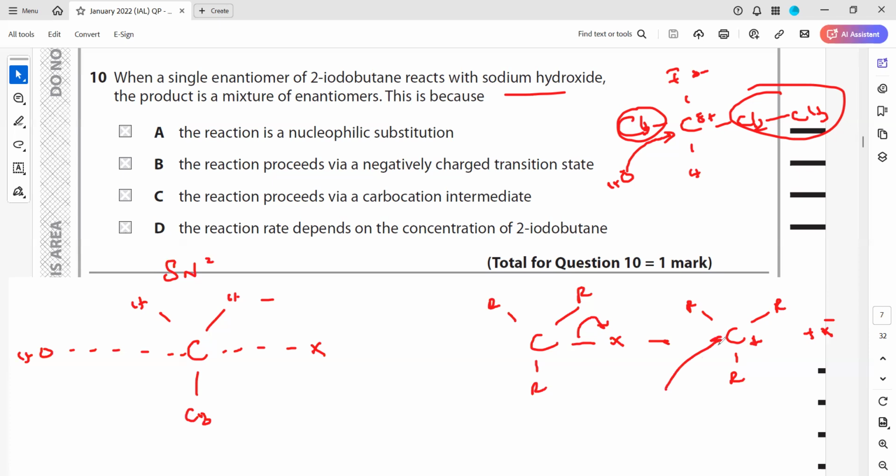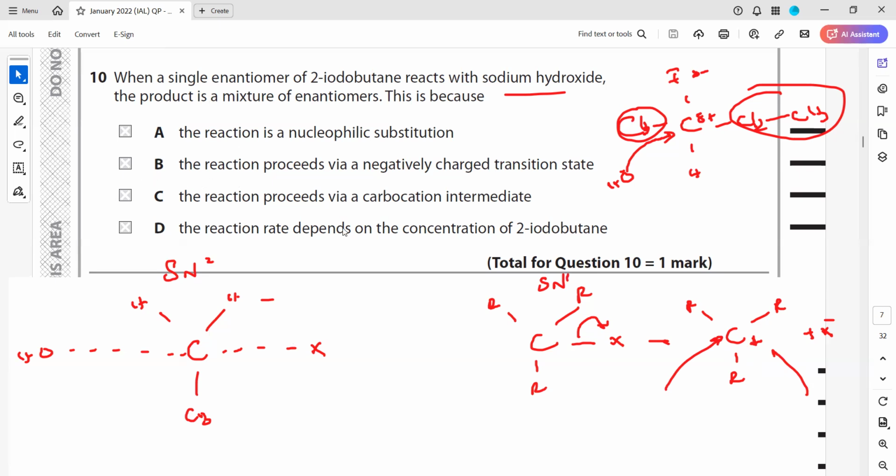The attacking nucleophile can attack from the left-hand side or the right-hand side. So it will produce two enantiomers, a racemic mixture, in SN1. But here it is forming only one enantiomer, so one enantiomer is formed in an SN2 reaction.